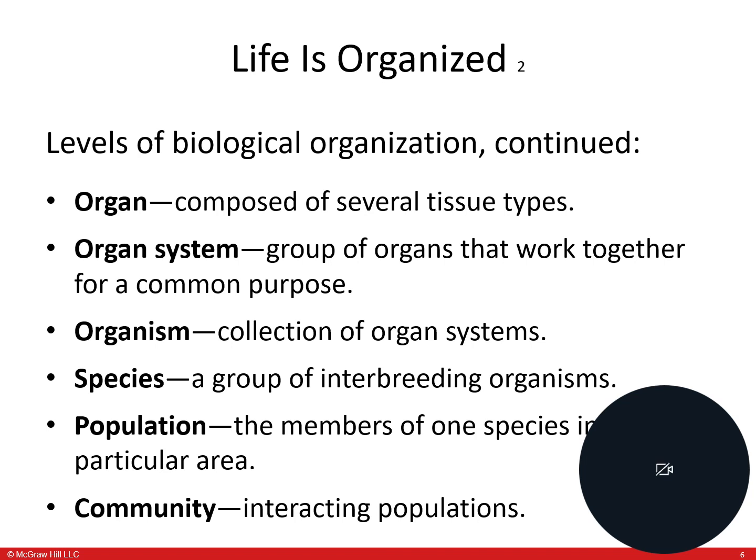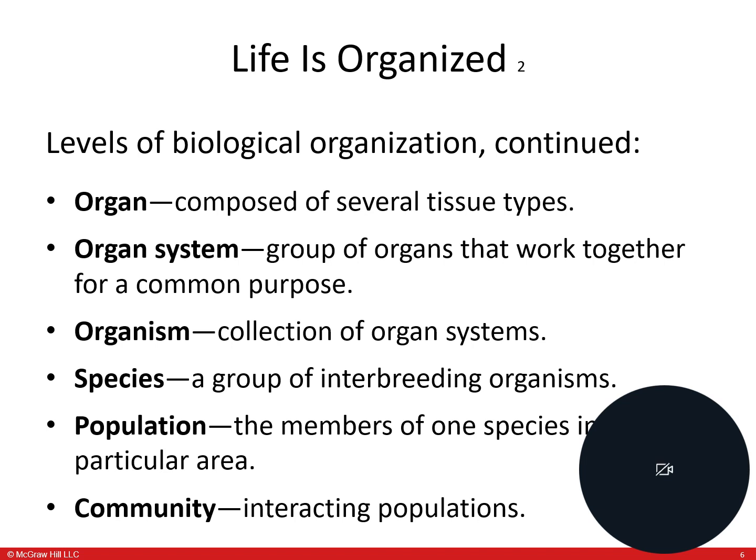Now, above organisms, we have 3 levels of organization as well: species, population, and community. Species means a group of interbreeding organisms. For instance, all of us as human beings are a species. All of the dogs in Brown County are a species. All of the cats in Brown County are a separate species, right? They all interbreed among each other in their own species. When we use the word population, that's the members of one species in a particular area.